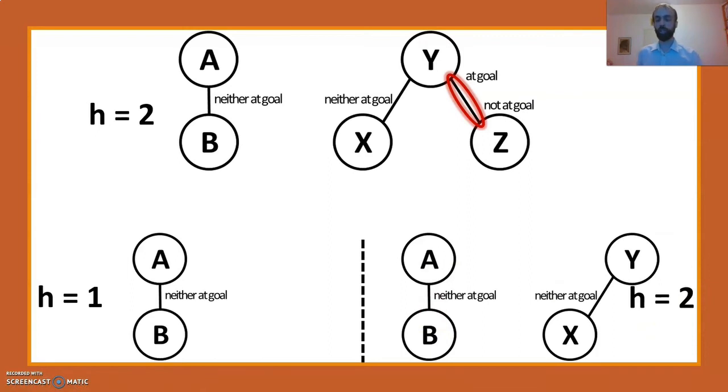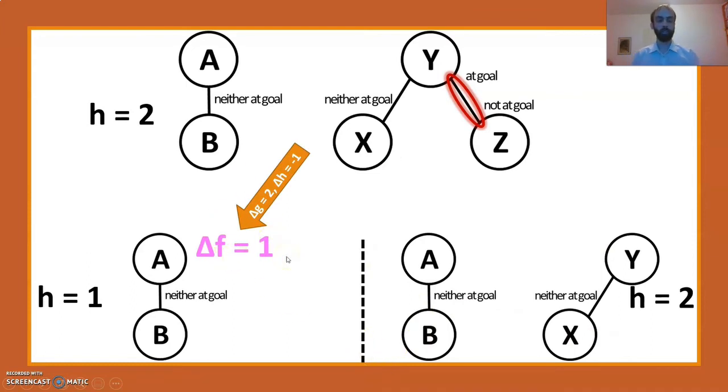So, in the left child node, the cost for agent Y increased by 2 because it had to leave its goal and then come back. And the heuristic value decreased by 1. So in total, the F value increased by 1.